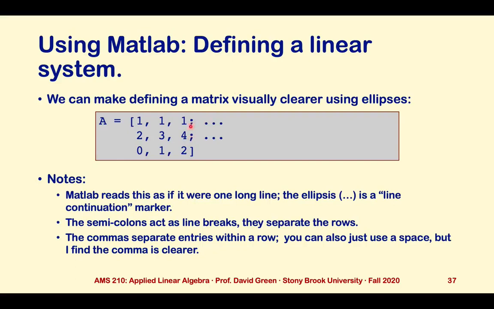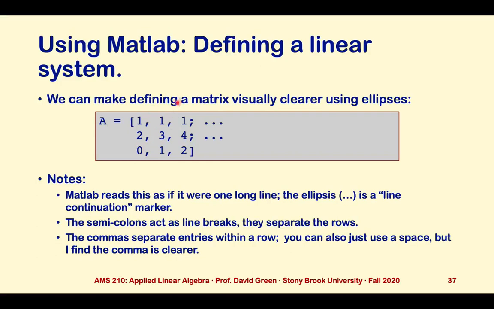These semicolons, as a reminder, act as line breaks. They separate the rows. You have to have these in here, even with the ellipses. The ellipses just say continue the line. If you didn't have these semicolons, it would make one big row matrix that had all of this information. These commas are separating the entries within a row, the columns.